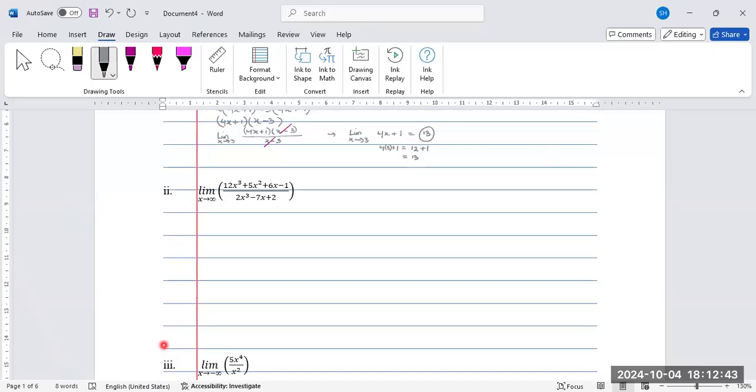So what do I do, Chrissy boy? You're going to divide it by all the different terms. So it's going to be the limit as x goes to infinity, bracket 12, which is the whole number outside, and then x to the third power over x to the third power. All right, good job. Thank you very much. Very nice.